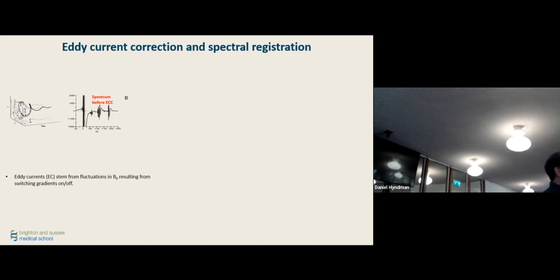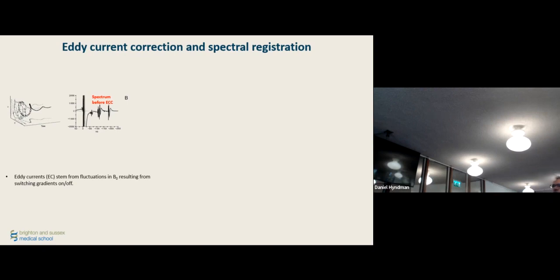The static magnetic field doesn't like this switching on and off. It creates fluctuations in the magnetic field, and fluctuations in the magnetic field end up distorting the evolution of our signal, because the fluctuation is in the resonance frequency. And if the resonance frequency changes during the acquisition, we end up with a corrupted spectrum.